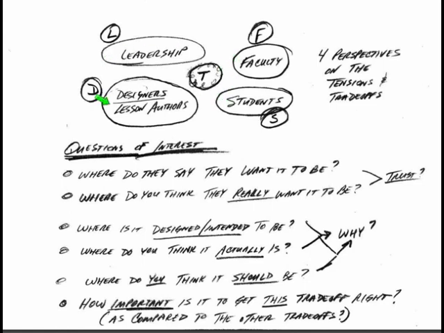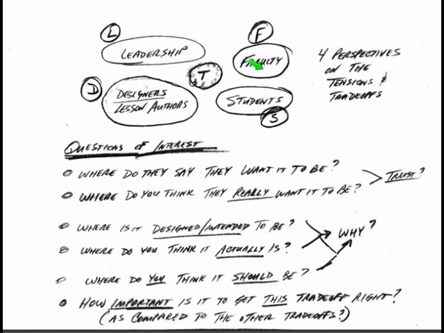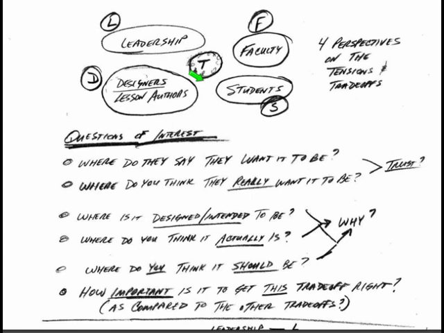So now when I think about that, this is what I come up with. I think that there are at least 4 different subcultures. There's the leaders in the college, the faculty members, the students, and then what I would just call technicians, designers and lesson authors, who have to receive the guidance from the leadership about what kind of lessons they want, and so they design lessons that they think the leadership wants and which the faculty can teach on behalf of the students.